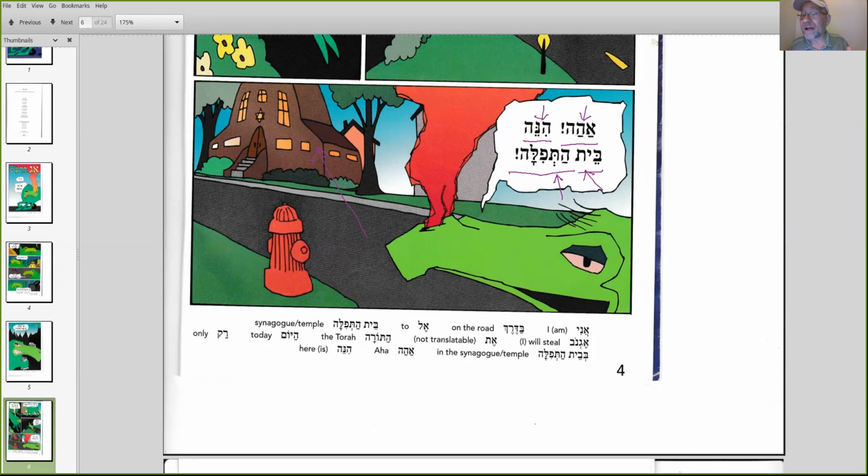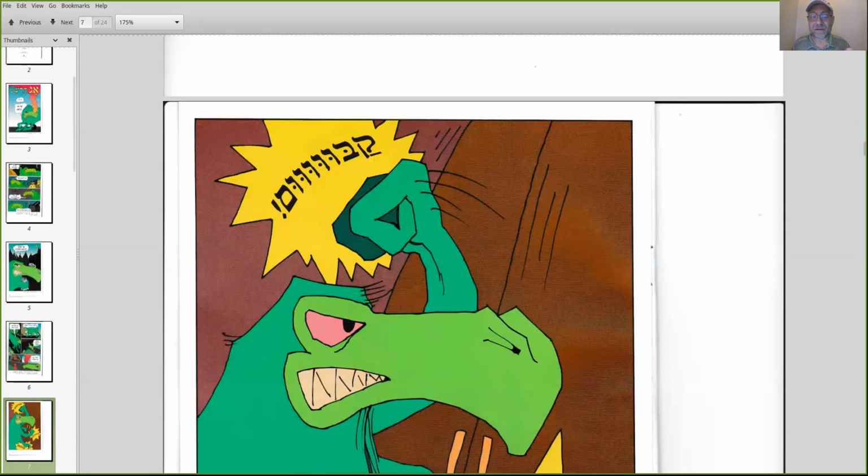We're getting the full gospel, and we are communing. We are praying together, and we are studying together in order to honor our Father above. So here is Og. He says, aha, here is the house of prayer or the temple or the synagogue.